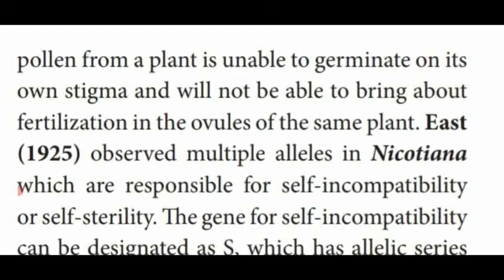Once again, the pollen from a plant is unable to germinate. Germinate means to produce the pollen tube. It is unable to show the germination process on its own stigma in a bisexual flower, so it will not be able to bring about fertilization in the ovule of the same plant.